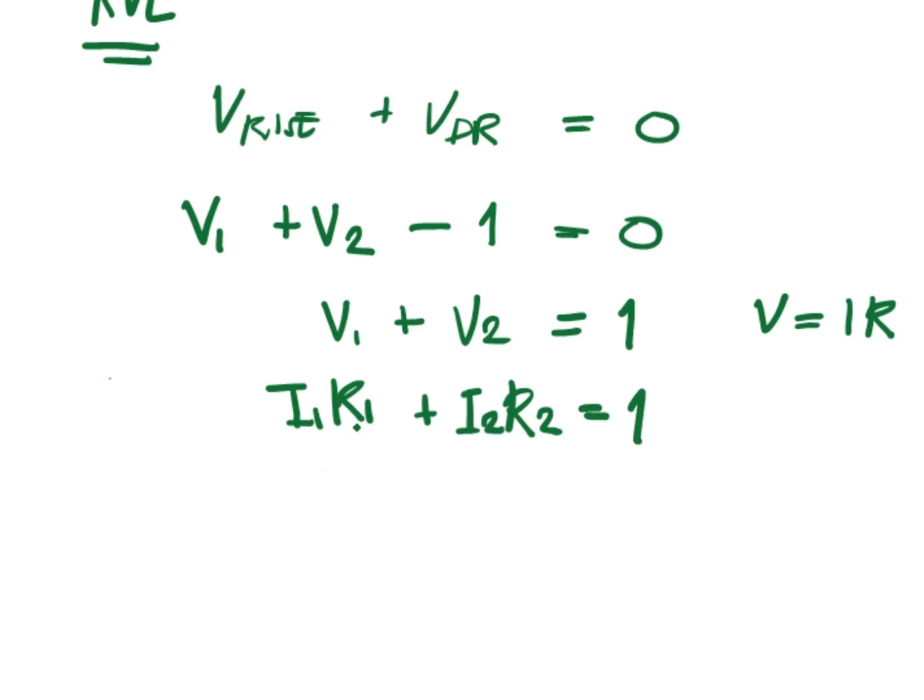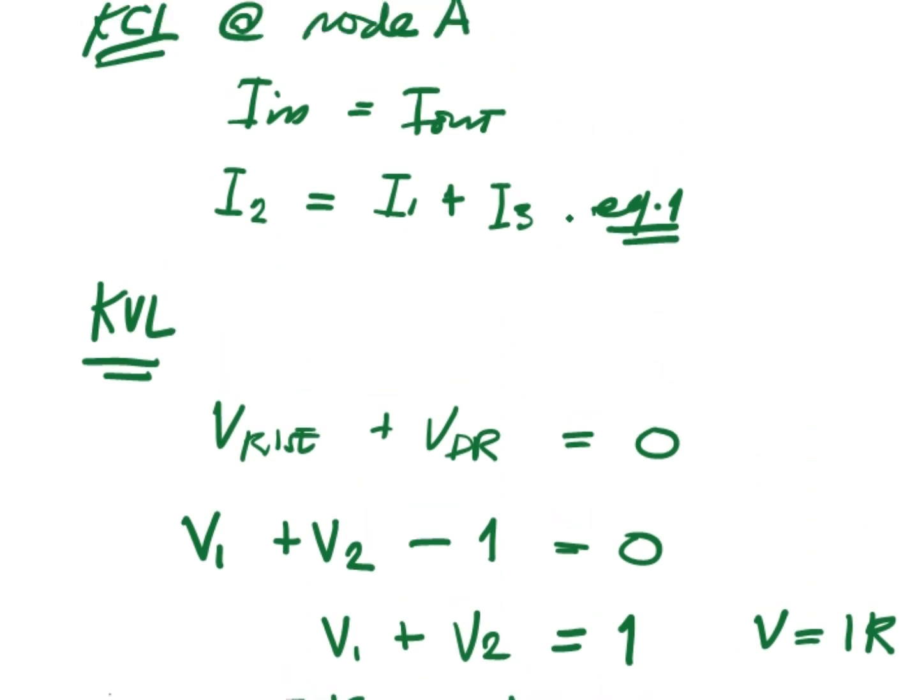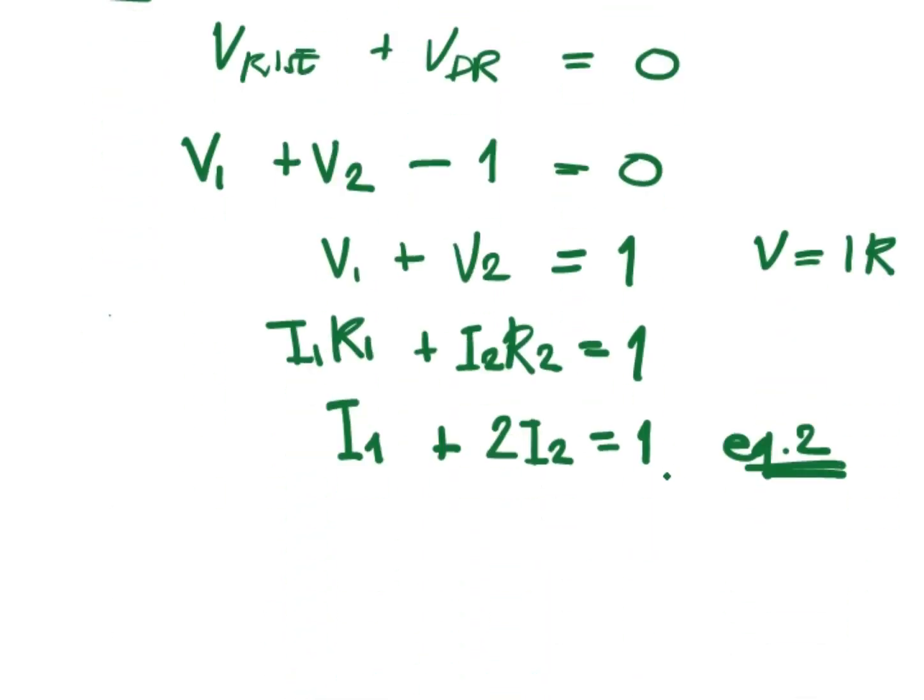Now we can substitute the values of our resistors. Resistor 1 is 1 ohm, so this will just become I1 times 1. Now resistor 2 is 2 ohm, so this is 2 times the current on the 2 ohm resistor, equal to 1. Now let this be our equation number 2. Okay, so we have equation number 1, then we have equation 2.